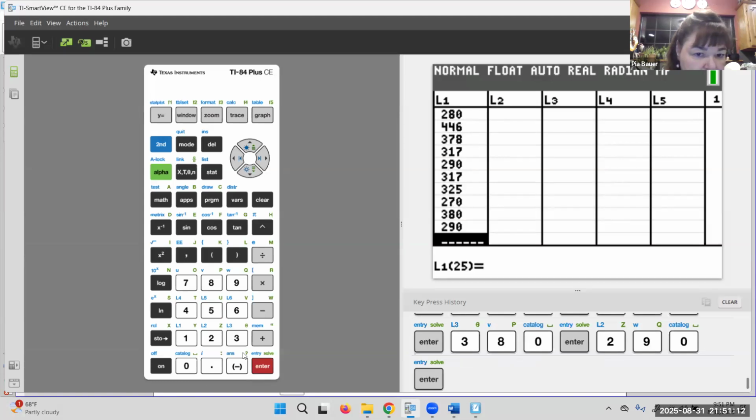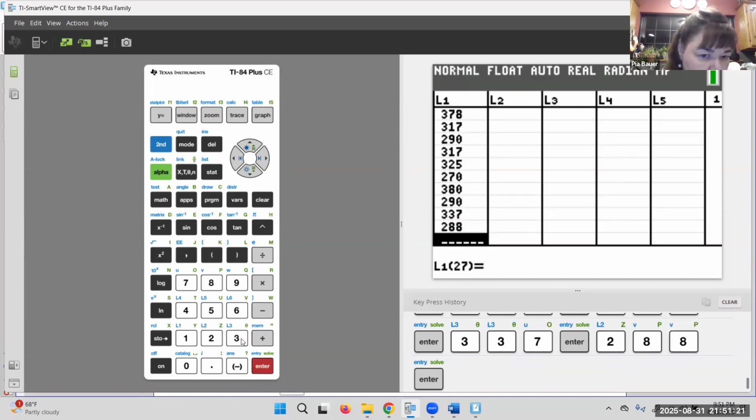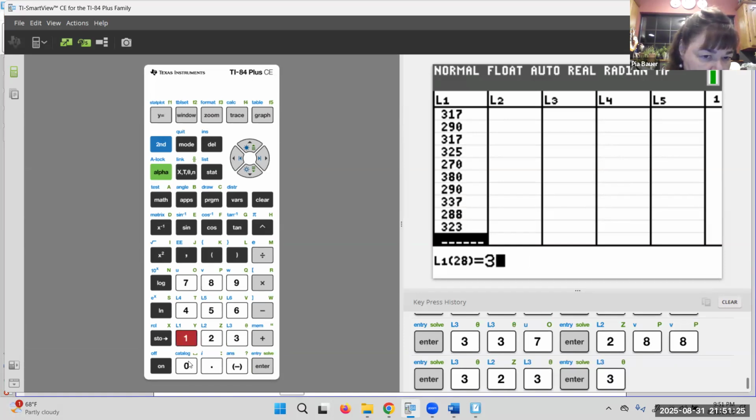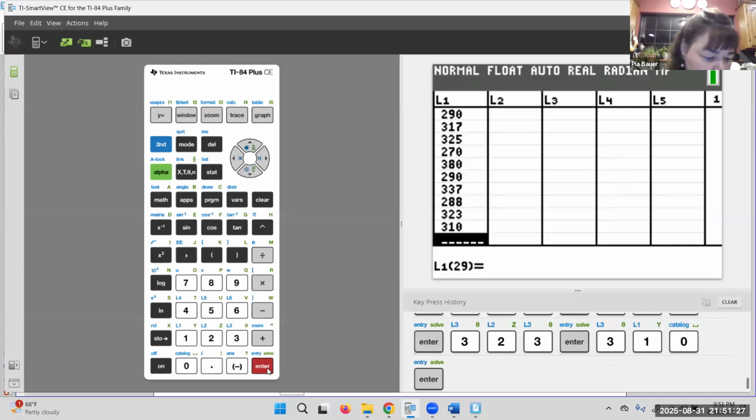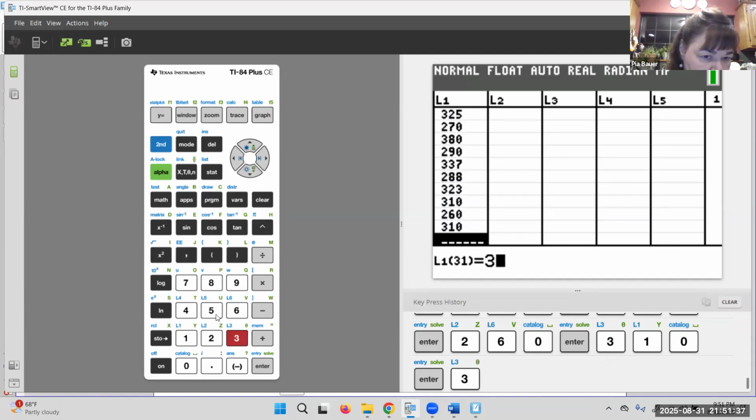The next one is 337, 288, 323, 310. Next one, 260, 310, 350, 250.